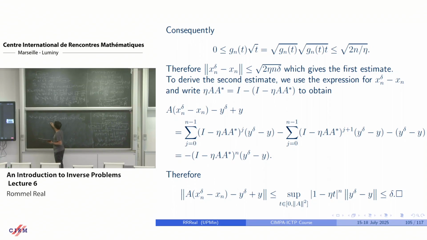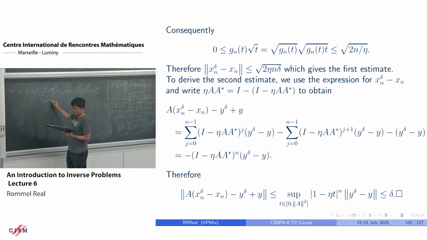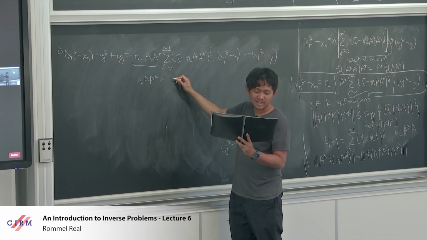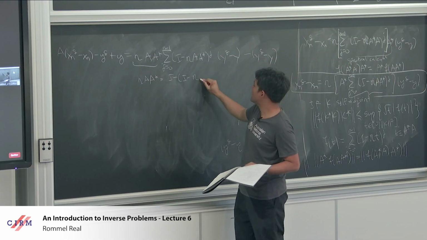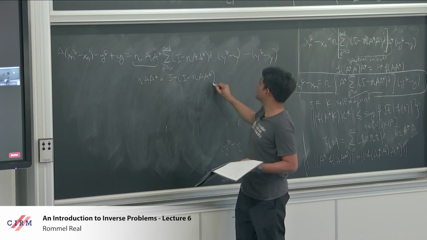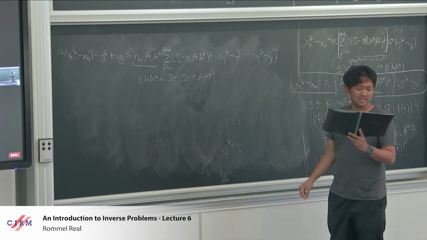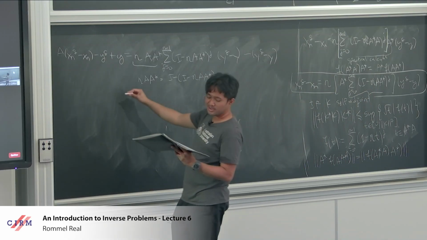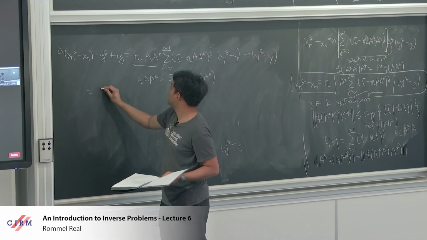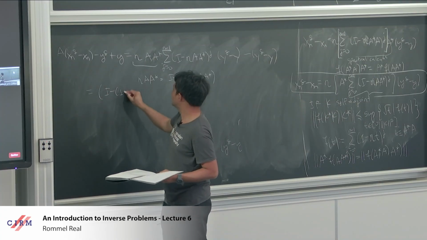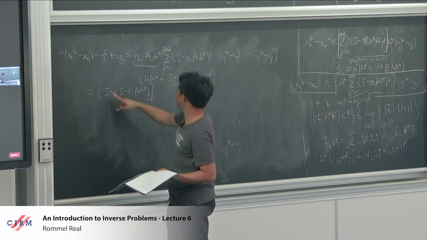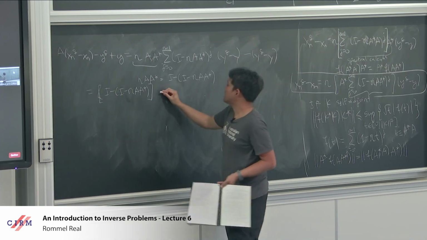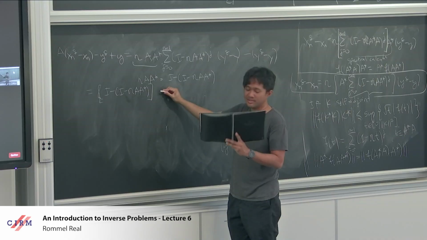Let's write that as n times AA star equal to I minus eta AA star. So what we'll have is something like this. Maybe I'll put a bracket here, times the summation here.